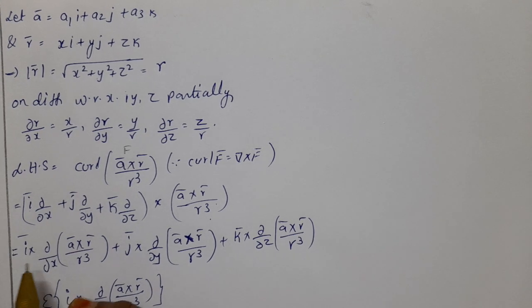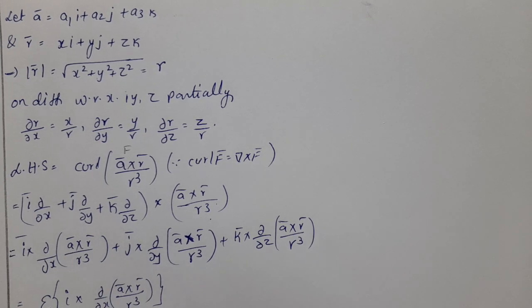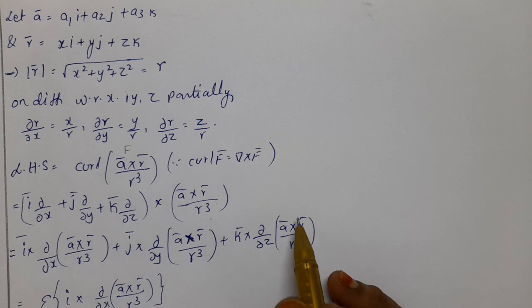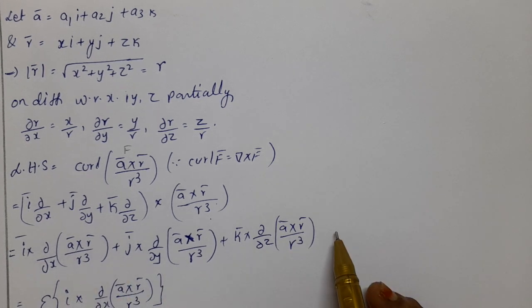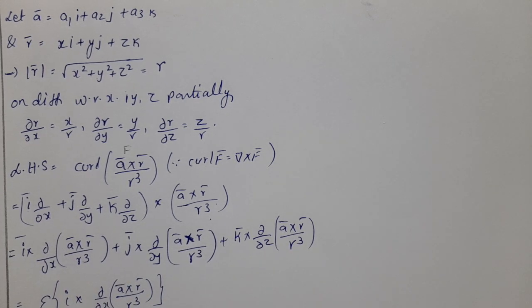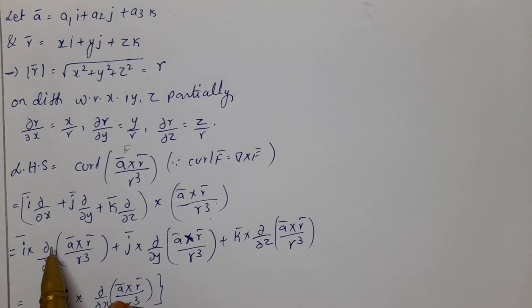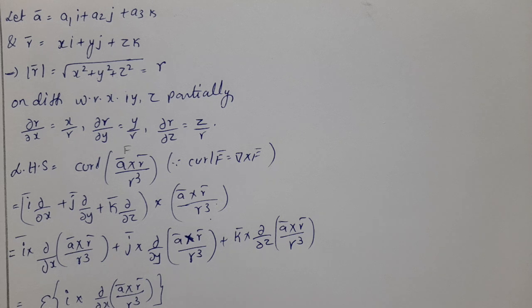So first we have to calculate this value and apply similarly. That's why we are taking this sum as sigma notation. Sigma i cross dou by dou x of a bar cross r bar by r cube. First we have to calculate this value. After that, similarly, take this value.